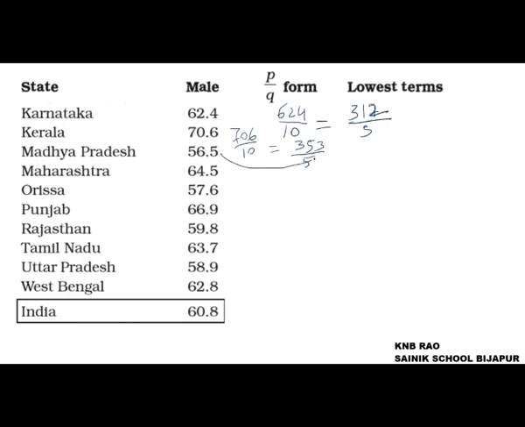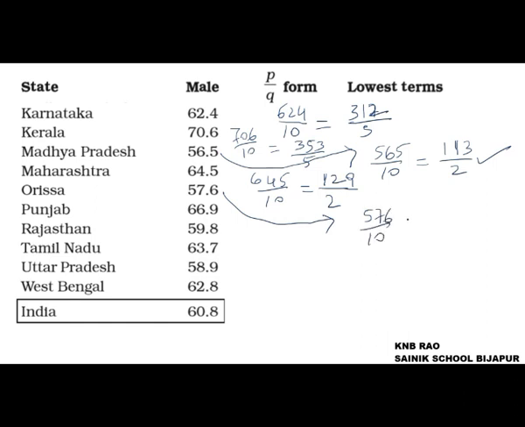For Madhya Pradesh, 56.5 can be converted as 565 by 10. Cancellation with the 5 gives us 5 1s are 5, 5 1s are 5, 5 3s are 15. So 113 by 2. So Maharashtra, 645 by 10. For the lowest form is 5 1s are 5, 5 2s are 10, 5 9s are 45. So 129 by 2.